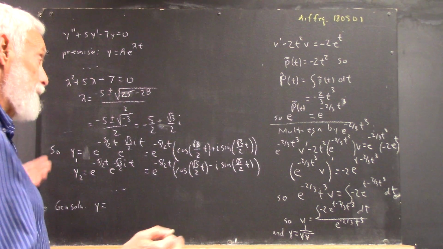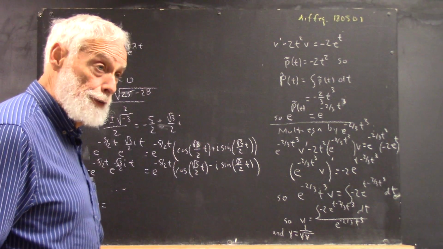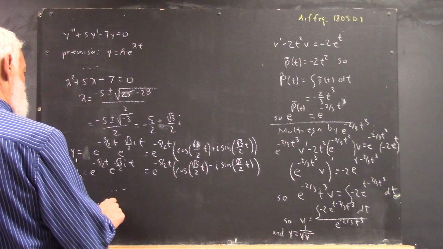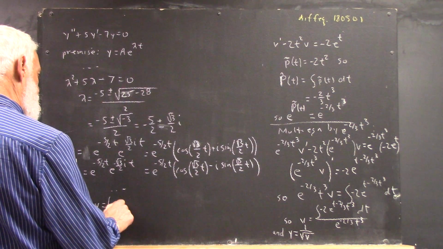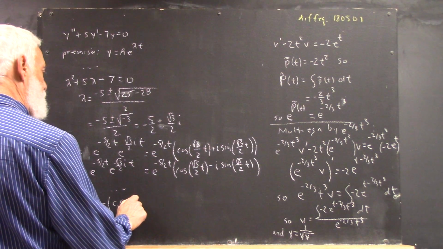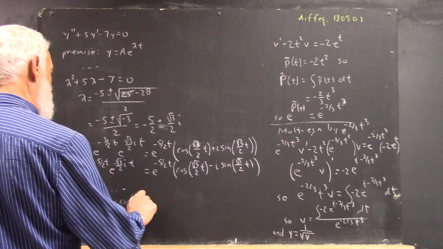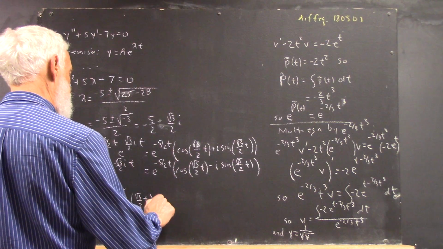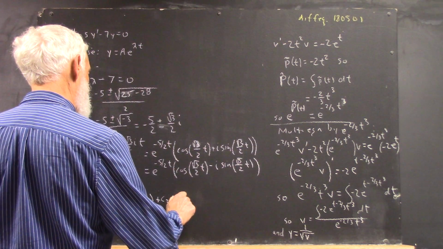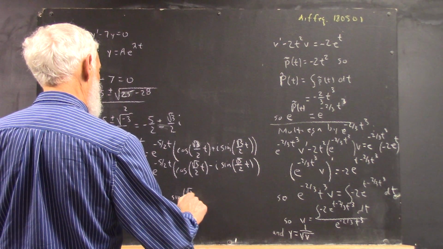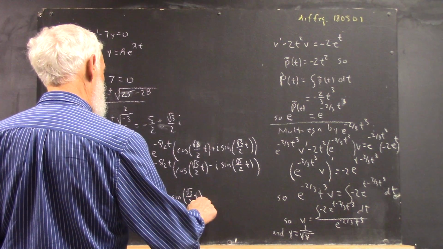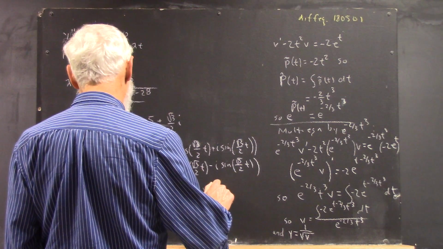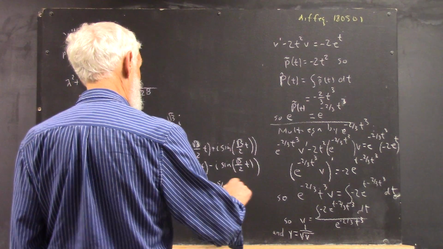I said any linear combination of sine and cosine, right? Okay? So I'm going to write that as C1 cosine of the square root of 3 over 2 t plus C2 sine of square root of 3 over 2 t, times e to the -5 halves t.